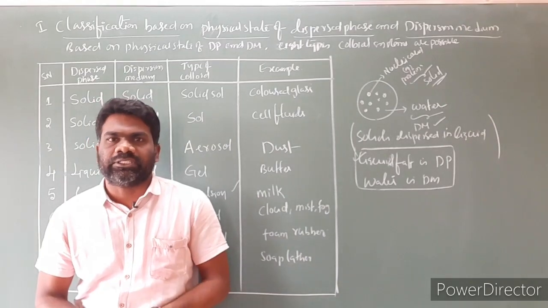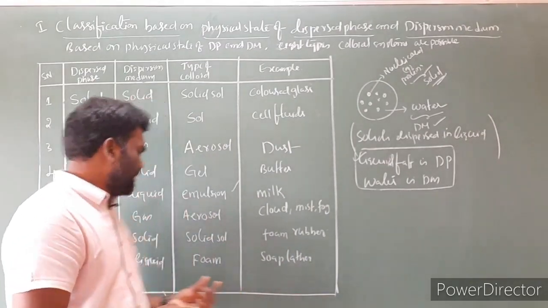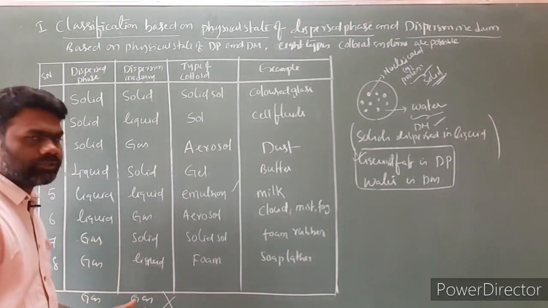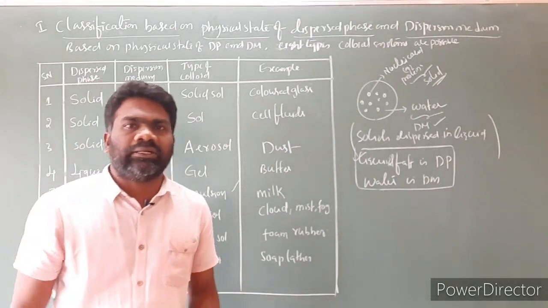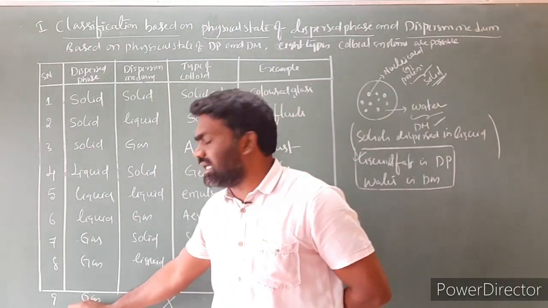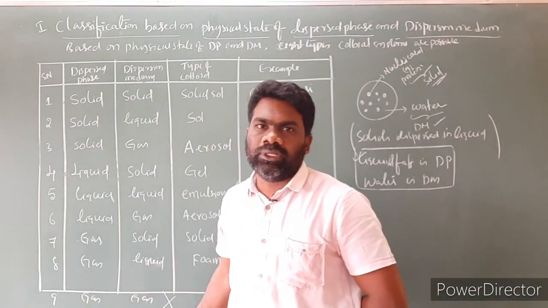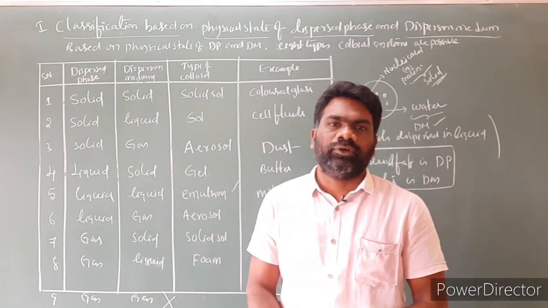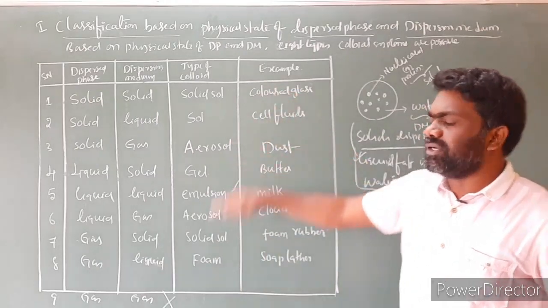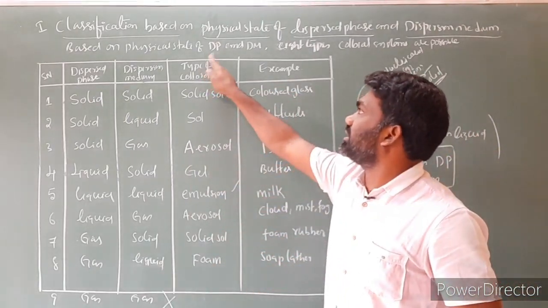So because of the formation of a homogeneous system, the ninth type of colloidal system is not possible. These are the different types of colloids based on the physical state of the dispersed phase and dispersion medium.